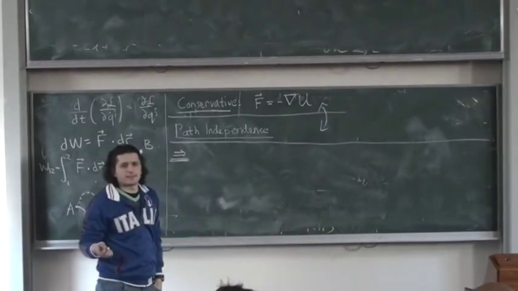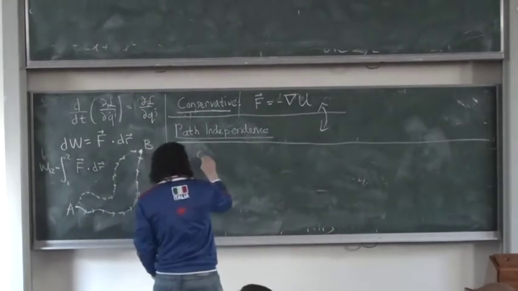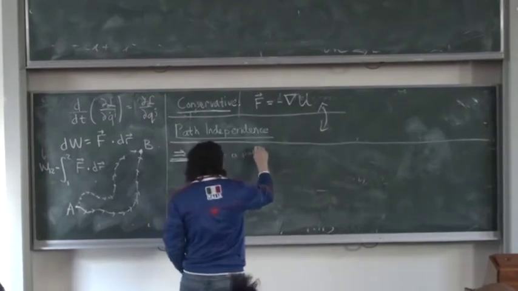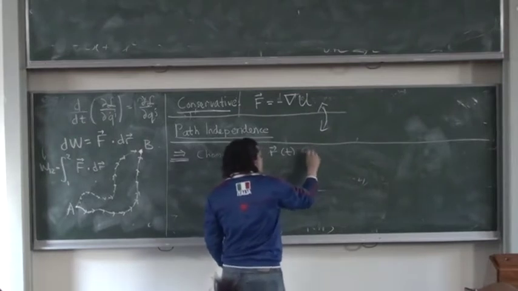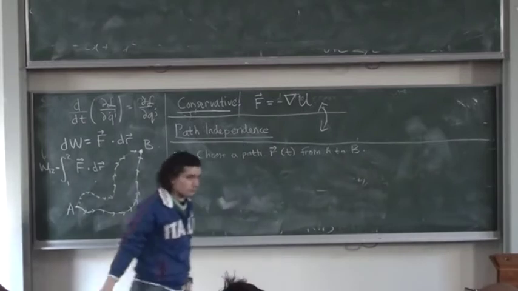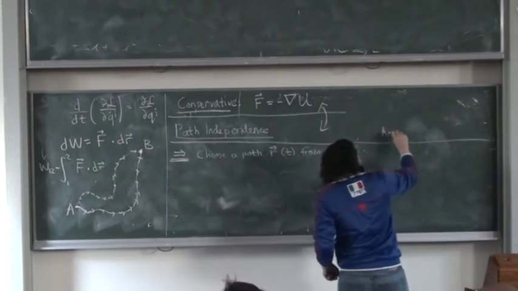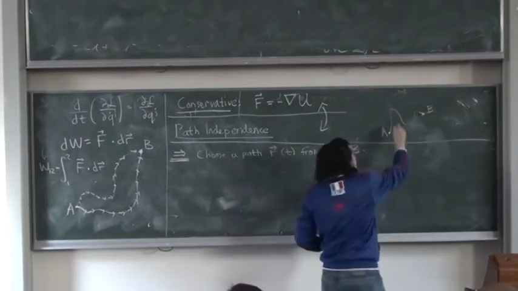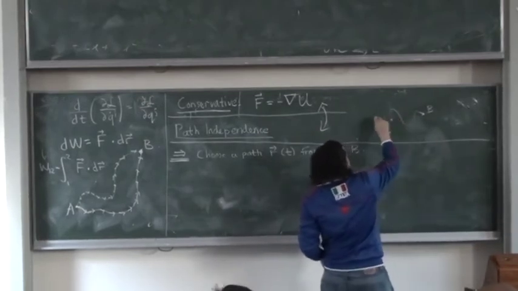How are we going to do that? Well, I'm going to choose a path. A path r(t) from A to B. This path starts at point A, goes along some trajectory, ends at point B, and at each time value along the path, the position here is given by r.